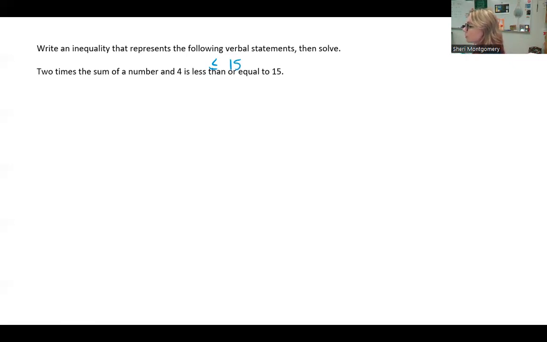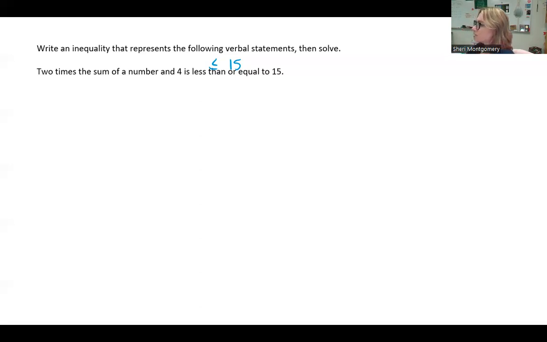The reason I point all that out is because when you look at your assignment, question 12, it starts out with "12 less than." That "less than" does not mean the symbol.